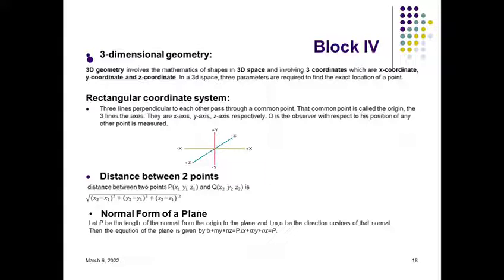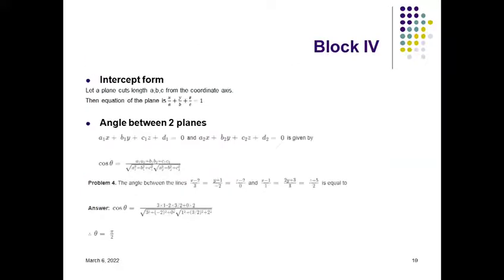Three lines perpendicular to each other pass through a common point. That common point is called the origin. The three lines are the axes, namely the x-axis, y-axis, and z-axis respectively. Distance between 2 points, normal form of a plane. Intercept form, angle between 2 planes.